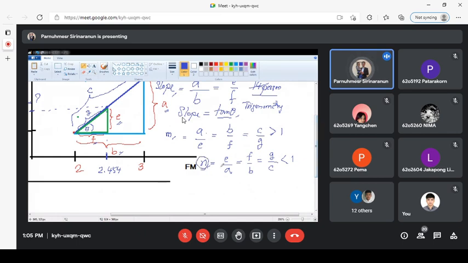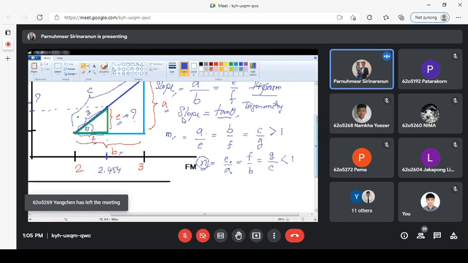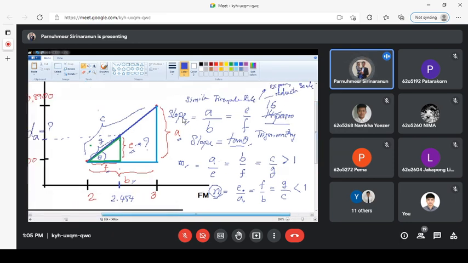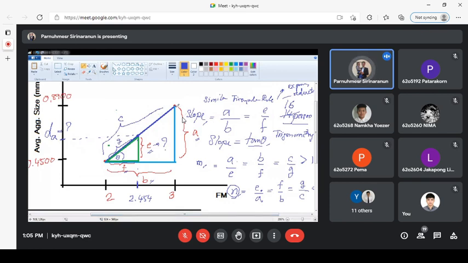Why should it be reduction scale? Because the size or number you would like to find or determine is the fraction of this ratio. It looks like you would like to find E, something like this. Yes or not? Why find this? Because this side A you will know from this number and this number.